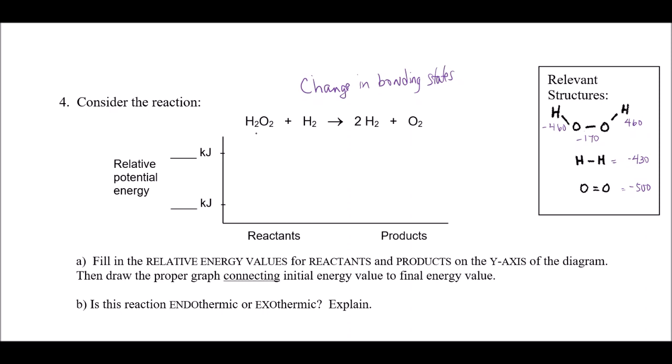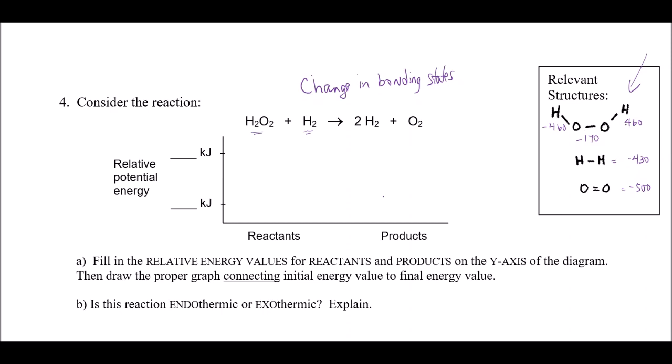Where did we start? This molecule, H2O2, is shown as a structure in the box, and you can see I put the bond energies next to it, so we can calculate the total energy of that molecule relative to its atoms. And this is just an H2, so it has a covalent bond of 430 kilojoules per mole.